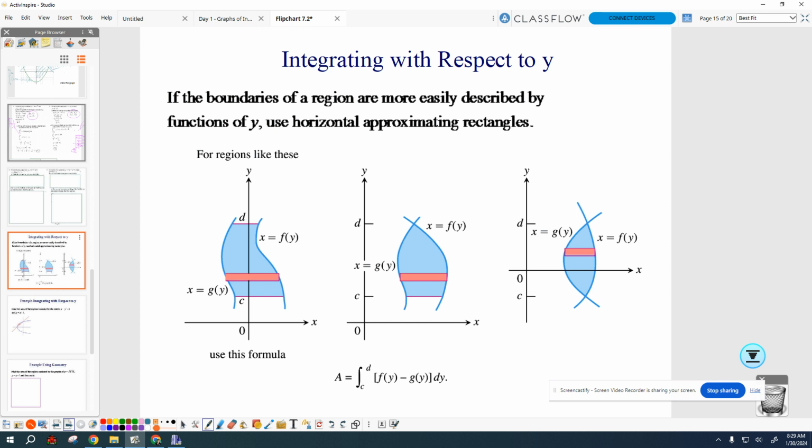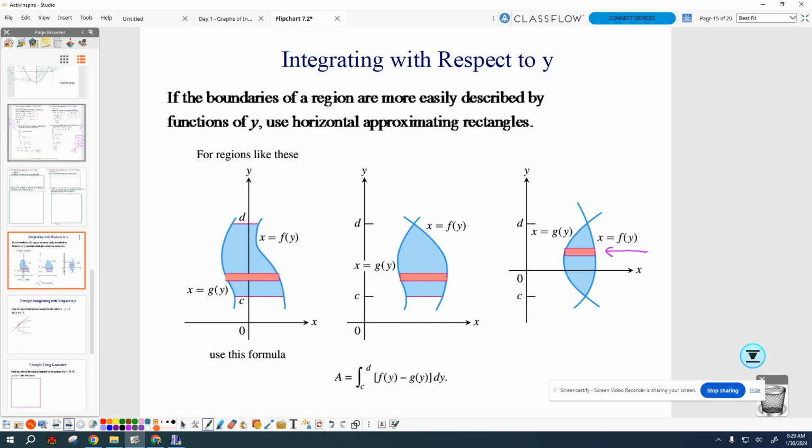Heard that, Alex. How do I get positive area? Right minus left. And the slices, what's the thickness of that little rectangle?